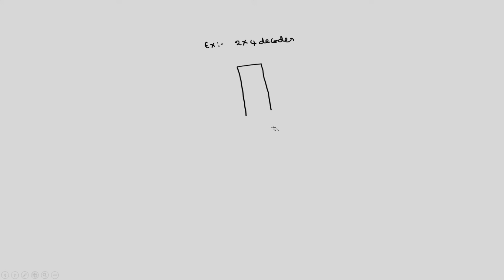So, 2 by 4 decoder, as the name implies, 2 inputs will be there. This is A B, you call this MSB and this is LSB, and 4 outputs will be there.